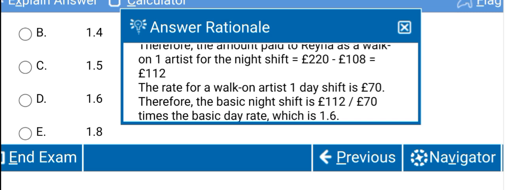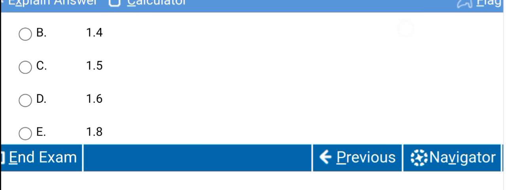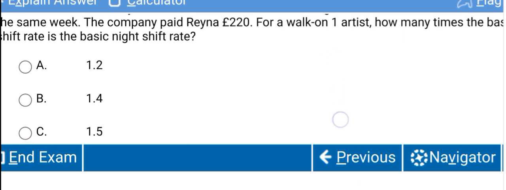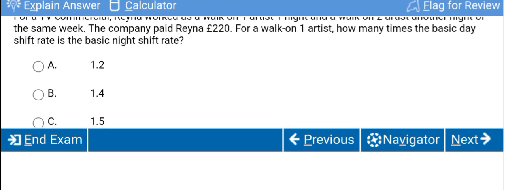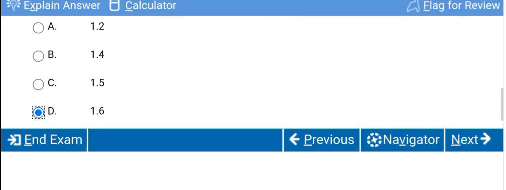So that's how we can say the correct response is option D, which is 1.6. This is how many times the basic day shift rate the basic night shift rate is.